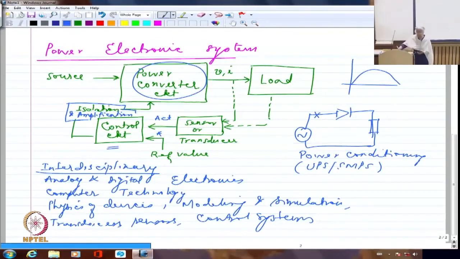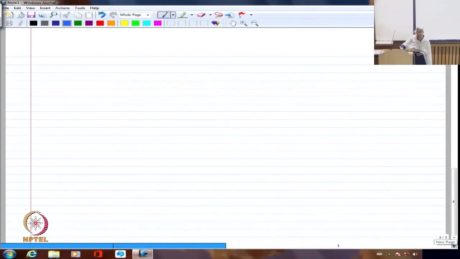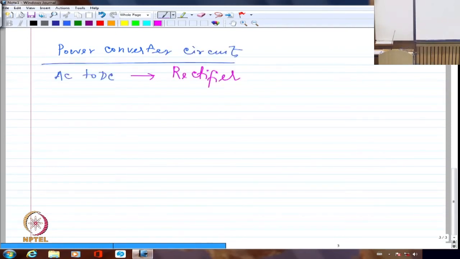But before that, let us try to see what all different types of power converters are there. As I told you, in power converters, I can have AC to DC, which I may call as rectifier.